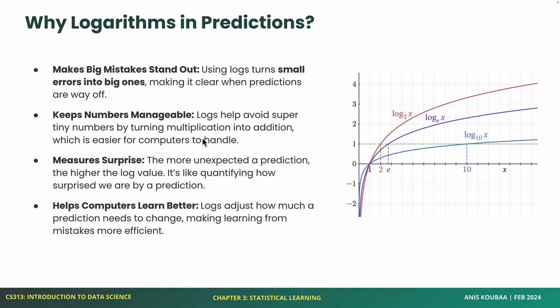And also it keeps the number manageable as compared to the real values. It also has the ability to measure the surprise. The more unexpected a prediction is, the higher the log value will be. So this is a way to penalize the errors more and more. We can add additional functions, like sometimes exponential or logarithmic, to penalize the error in the loss function, because we want to push the error to be the smallest possible, so the model is the closest to the prediction.